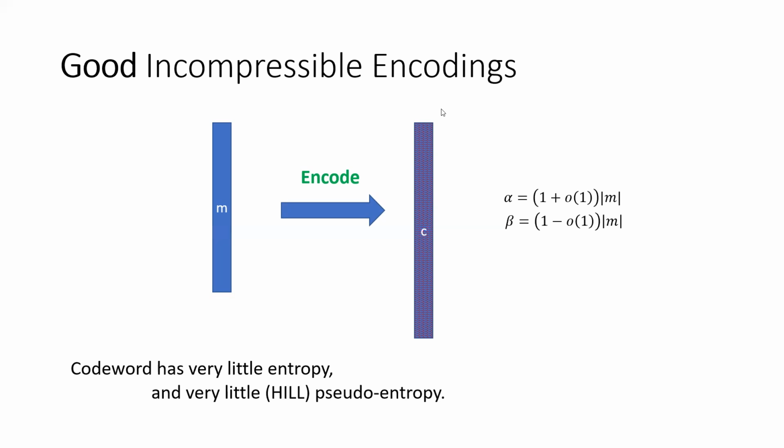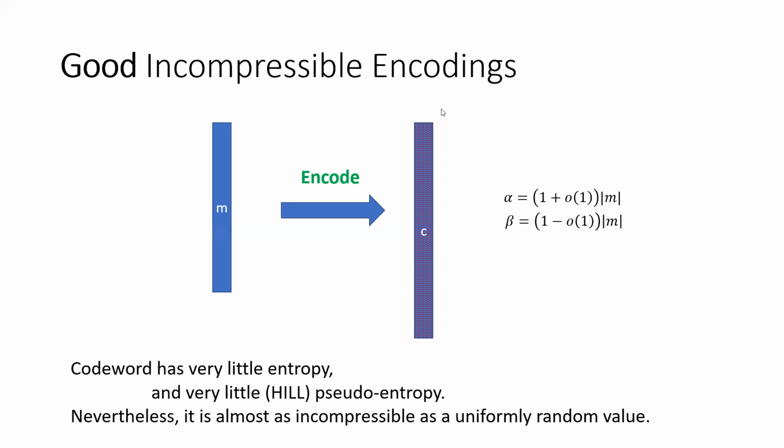Whereas the output of the encoding procedure on a message m always decodes to the correct message m. So I can in fact distinguish this code word from any random variable that has a lot of entropy just by testing whether it decodes to the message m that was supposed to be encoded. So this code word has little real entropy, even very little computational entropy. But nevertheless, I want it to be essentially as incompressible as a uniformly random value would be.